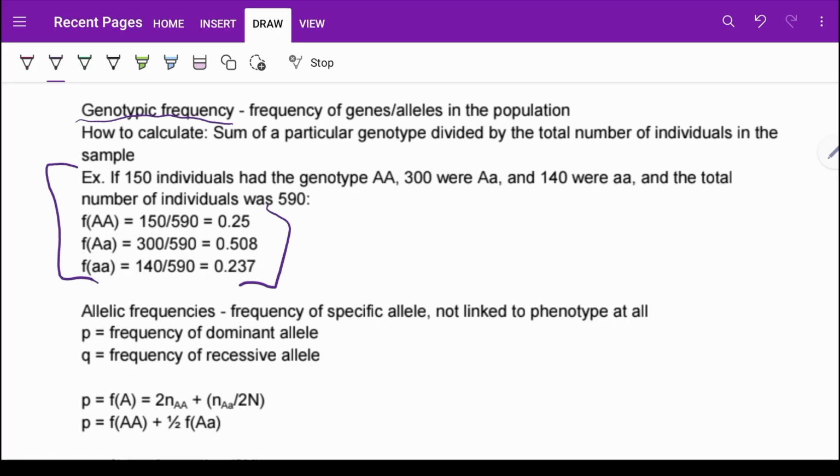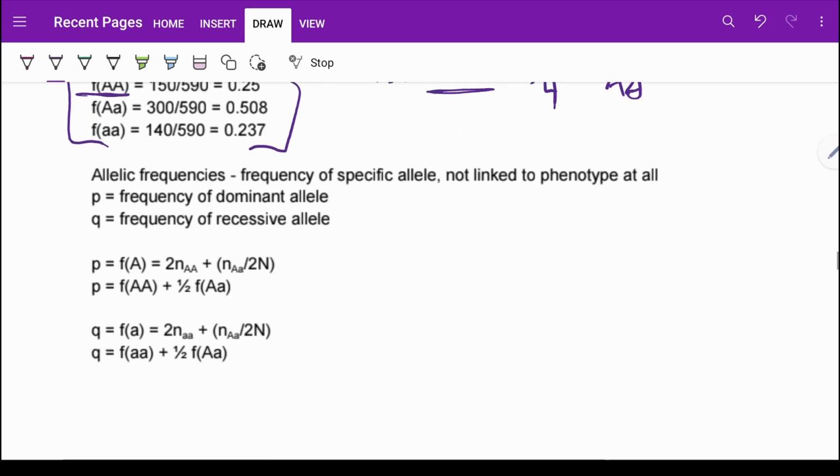So the frequency of people with AA, the all dominant genotype, would be 0.25, which means that in this population, roughly 1/4 of the people would have the genotype capital A, capital A.